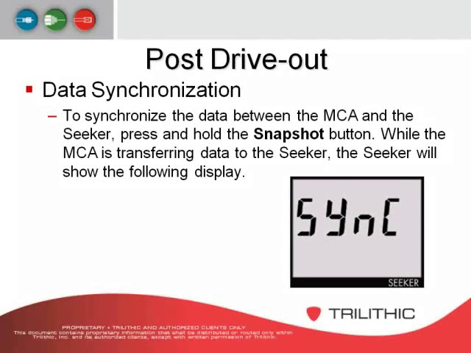The snapshot button will sync everything from the MCA to your leakage detector, your seeker. And once it syncs everything, you can take your leakage detector out of the cradle, take it inside, and download the information to the server.